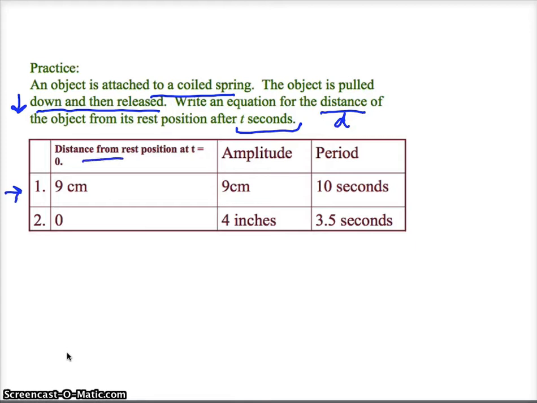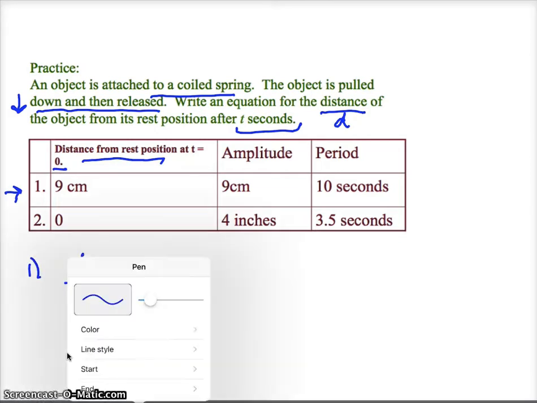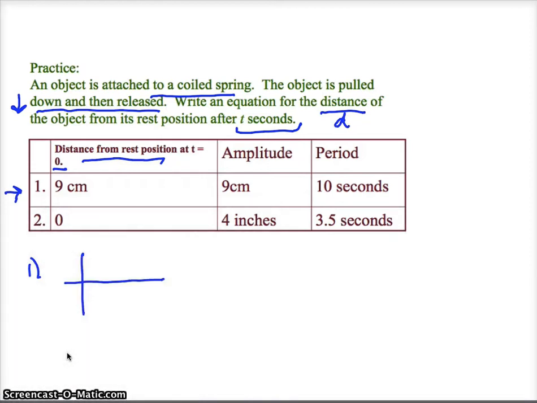It says the distance from rest position at t equals 0. So for number 1, I'm just going to draw a simple sketch to help us understand the equation better. The distance from the rest position at t equals 0, or the displacement from the rest position, is 9 centimeters. So if the rest position is at the origin at t equals 0 seconds, our coiled spring rests at 9 centimeters.